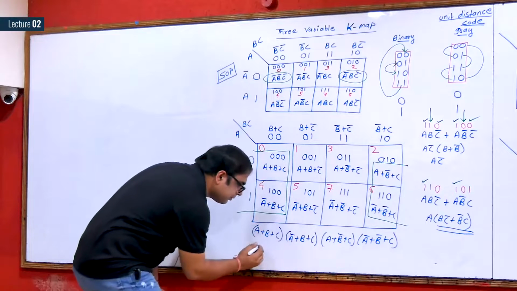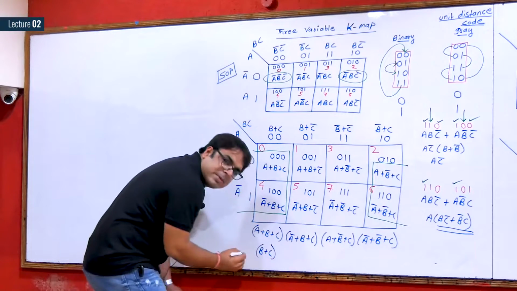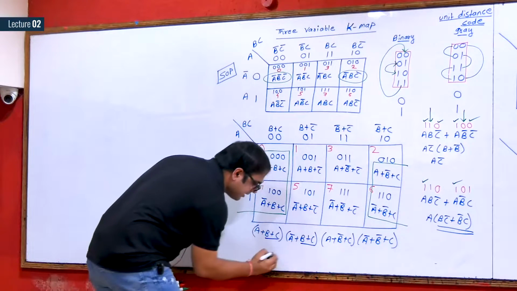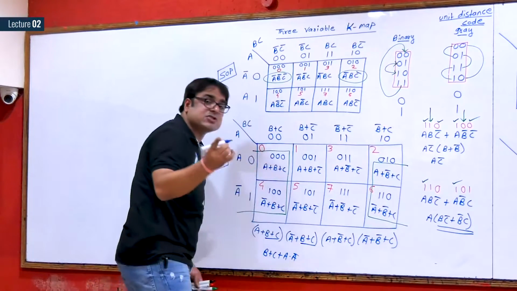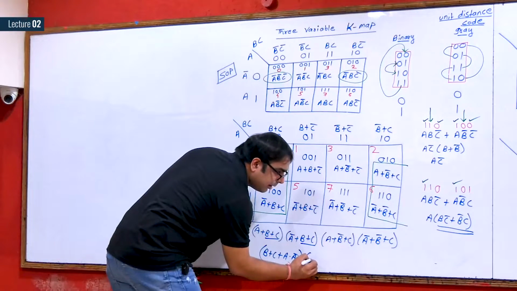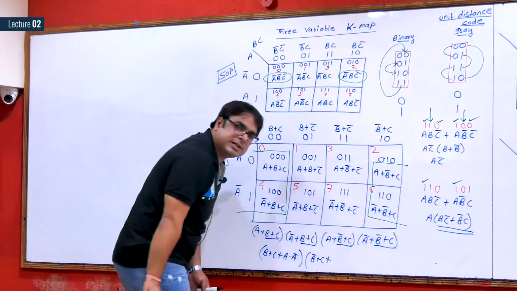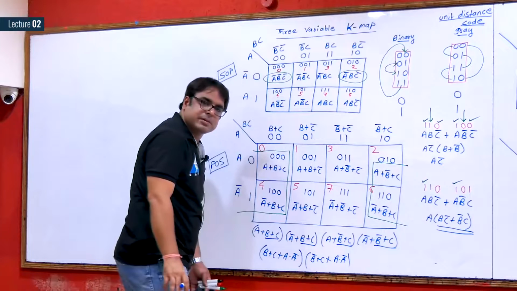In these two, B plus C is common. So this will become B plus C plus A dot A complement, distributive law. In this one, B complement plus C is common in both. Distributive law, this would become A dot A complement.